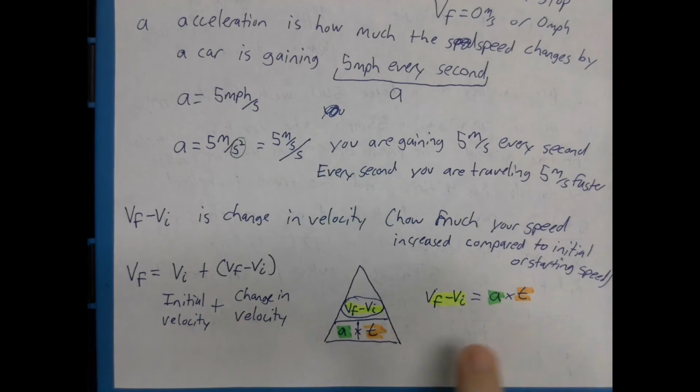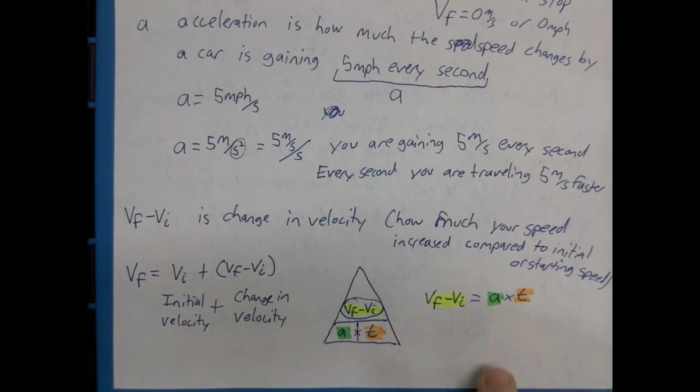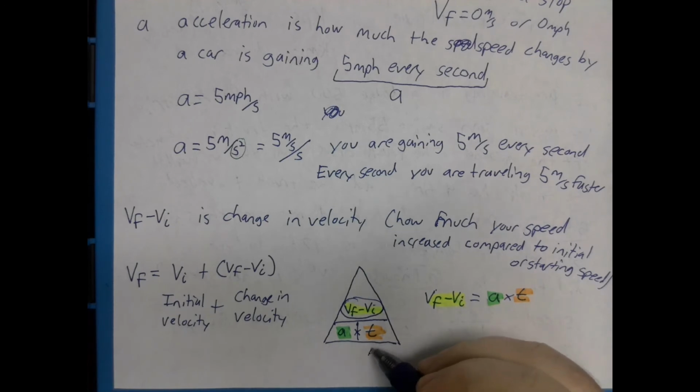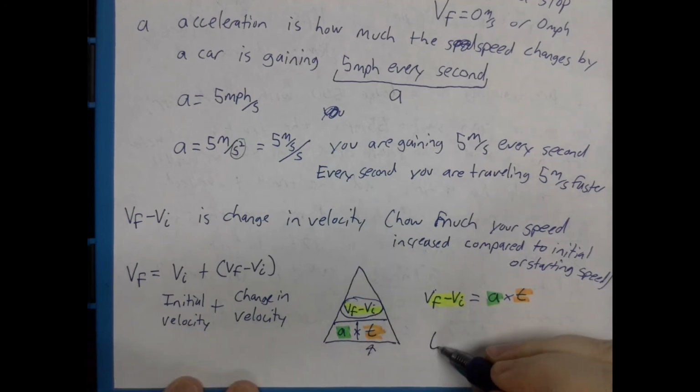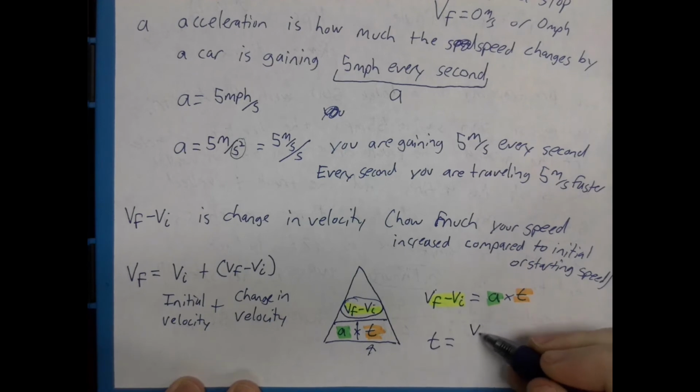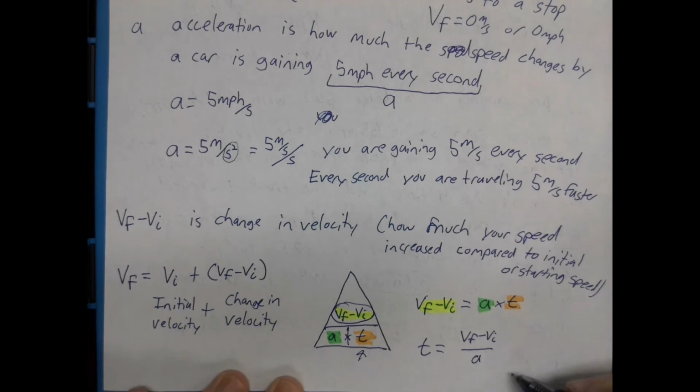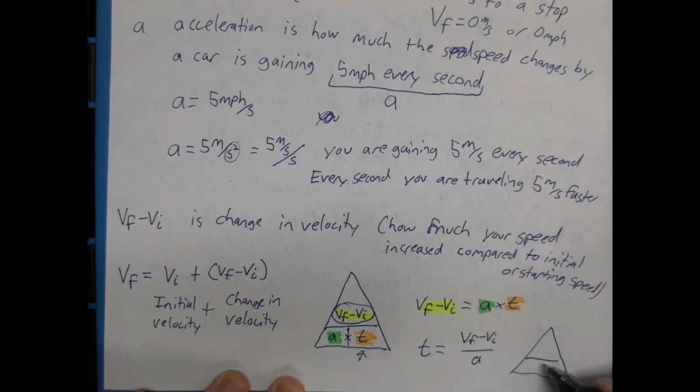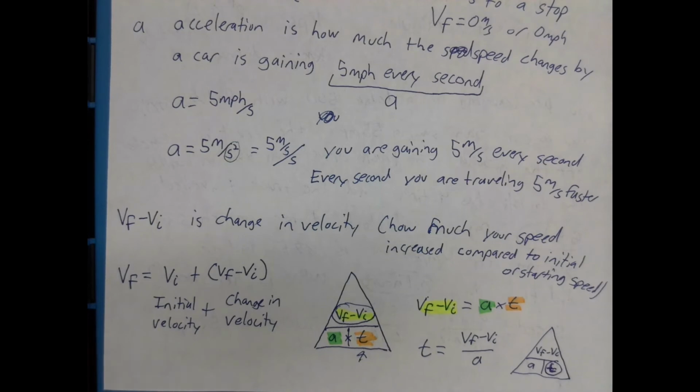So these are next to each other, and they'll be next to each other on this side. If I instead solve for T, circle T, it'll be on the left hand side.